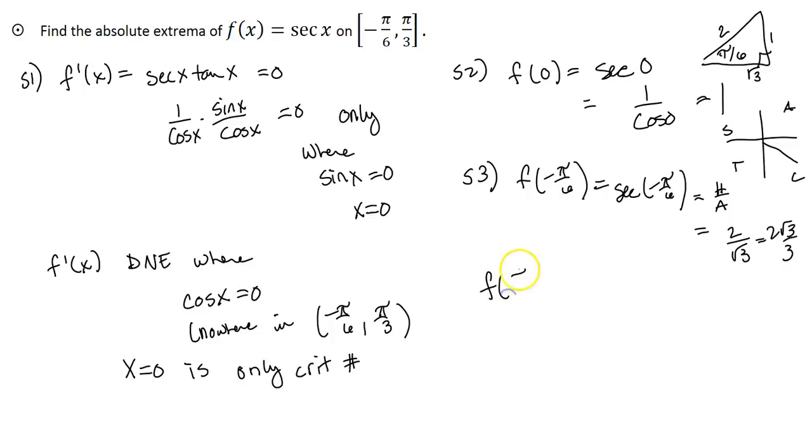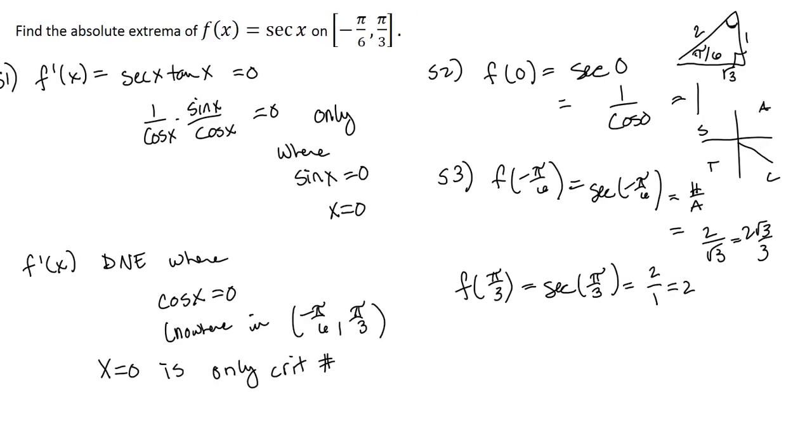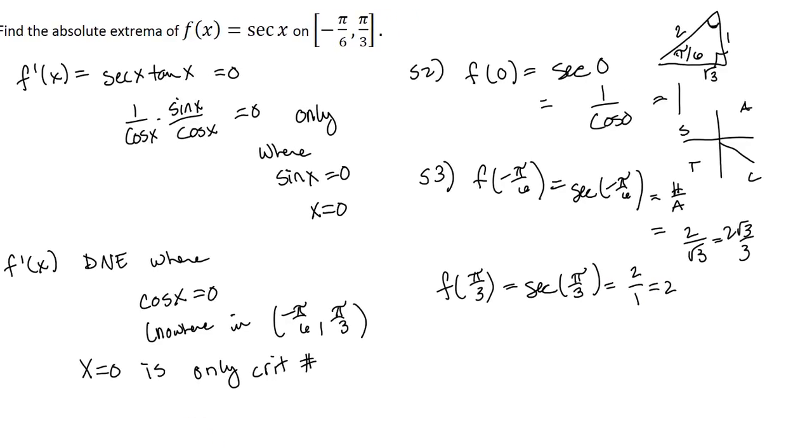And f of pi over 3 is going to be secant of pi over 3. And again, secant is positive, so this is the angle that we're looking at here. So that is going to be 2 over 1, or 2. Now, in order to compare these y values, we do kind of need to know at least an approximate value of 2 root 3 over 3. So that's about 1.15.